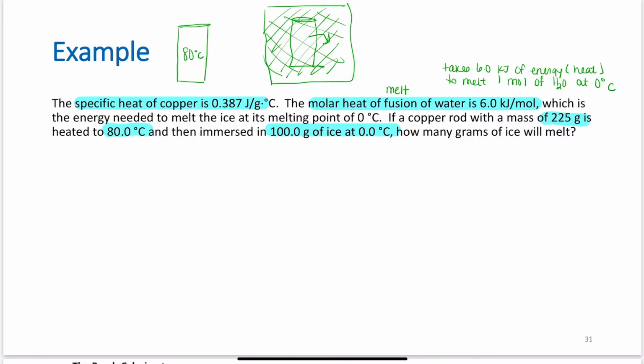When energy is transferred as heat, the direction of energy transfer is always from your hotter object to the colder object. It's never opposite of this. It never goes from the colder object to the hotter object. It always goes hotter to colder. So the heat is lost by the hotter object, gained by the colder object.